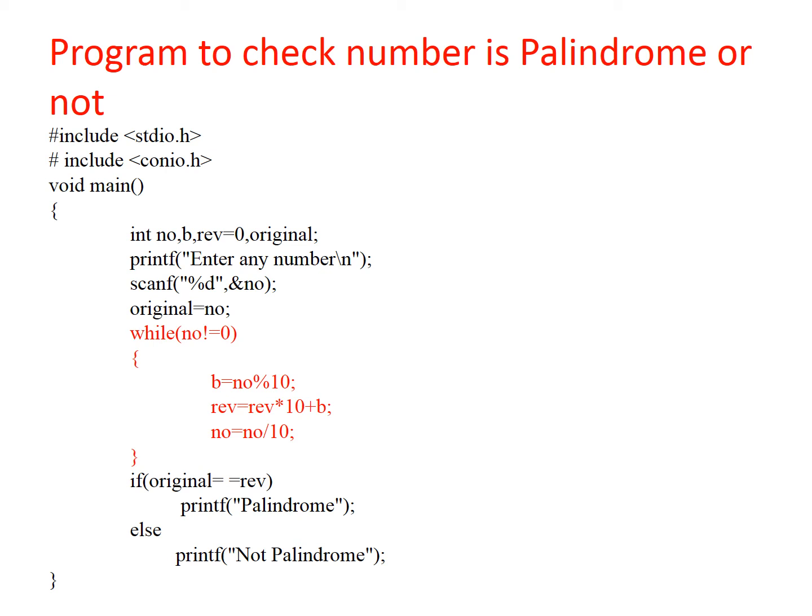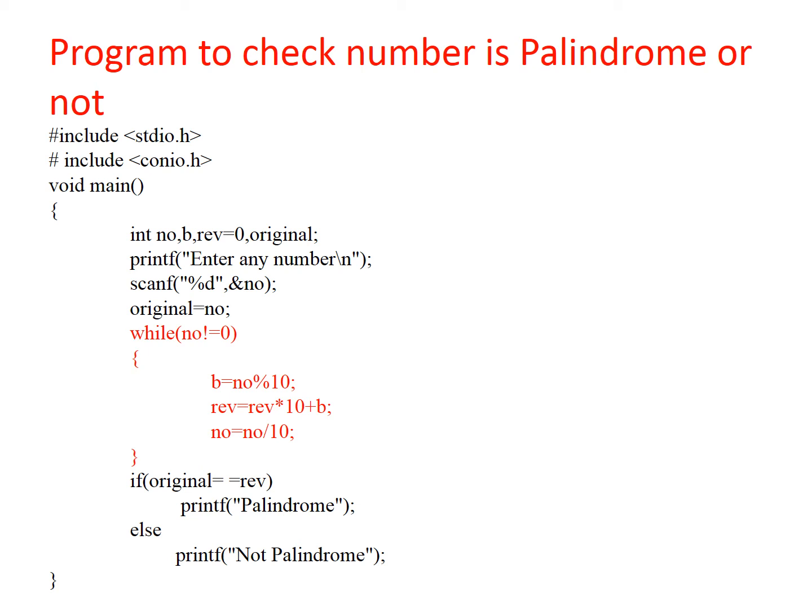And within that multiplication we are using the remainder. So for example, the number is 12. First of all, 2 is going to be separated. It is going to be multiplied, 0 into 10, 0 plus remainder equal to 2, and hence that procedure is going to be carried out.